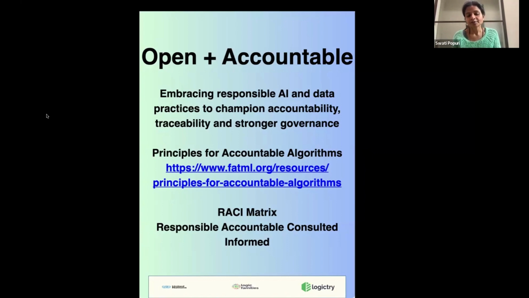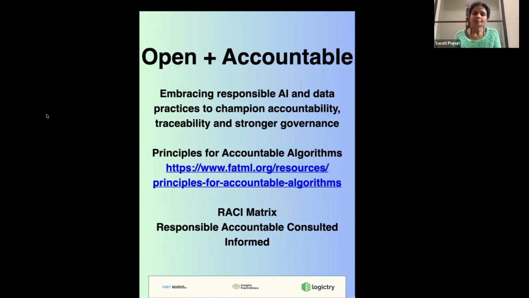One very good resource for this is a RACI matrix, the responsible, accountable, consulted, and informed matrix, to understand the roles and responsibilities of the individuals involved throughout the training, development, and deployment of the AI lifecycle.